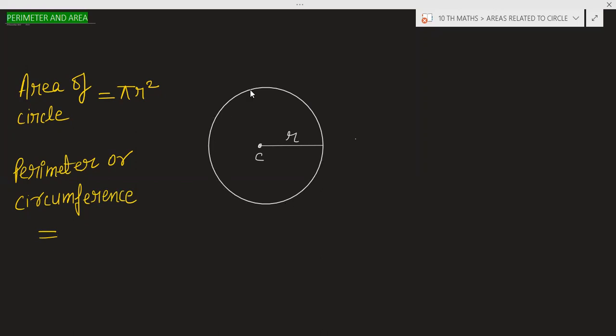Suppose you have chosen one point and you have taken one thread, and with the help of the thread you are measuring the boundary of the circle, and after that you measure the length of the thread, then you will get the circumference or perimeter of the circle. So the length of the boundary of the circle is the perimeter or circumference of circle. It is given by 2 pi r.